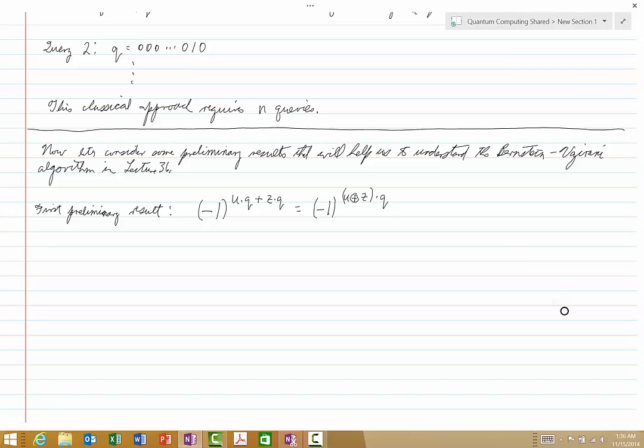And remember now what we're talking about: U, Z, and Q are all strings of n bits. And U exclusive or Z is understood to be bitwise.